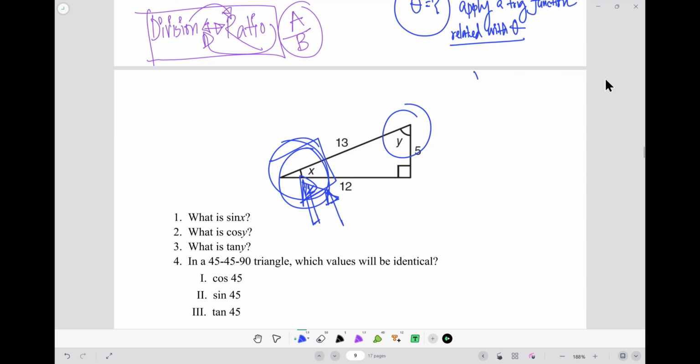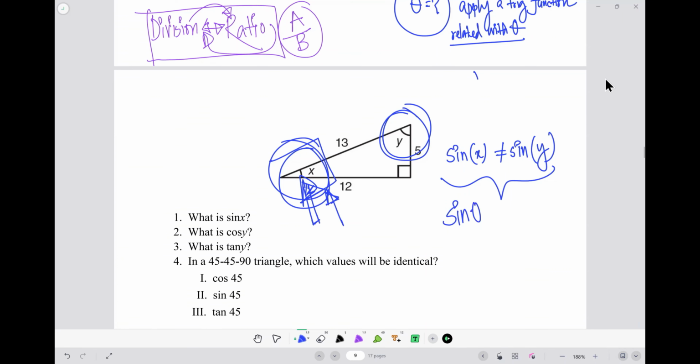We can write that the sine of x is not equal to the sine of y. The values of sine of x and sine of y here are not the same.